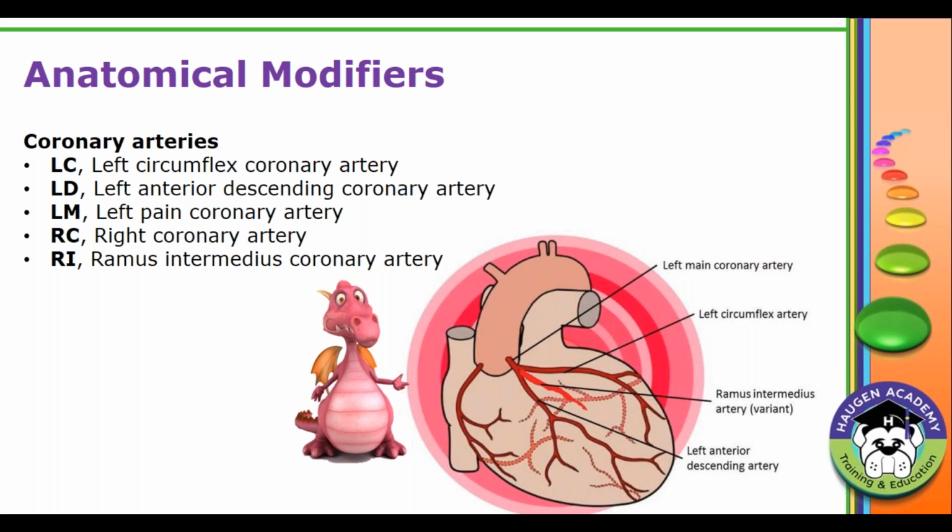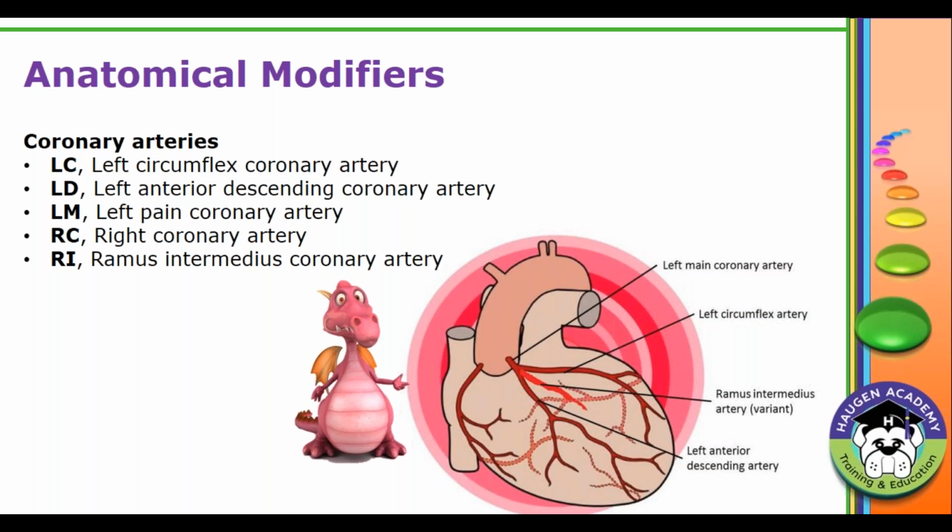But then there are other codes you might not think of that are probably in your charge master, like intravascular ultrasound and OCT imaging of the vessels. Those are coded per vessel. And anytime you have something that's per vessel, you should be sticking a coronary artery modifier on there.